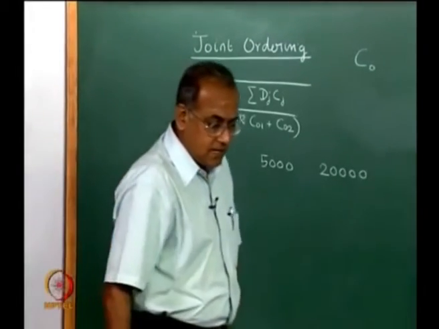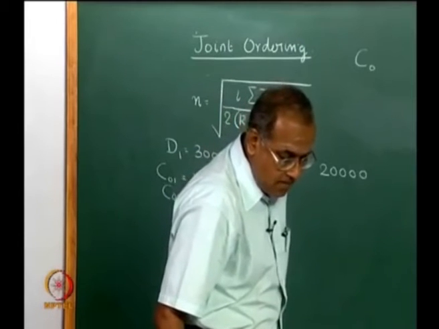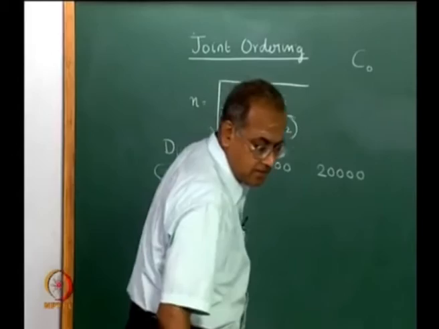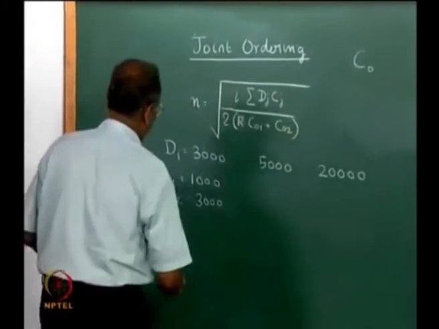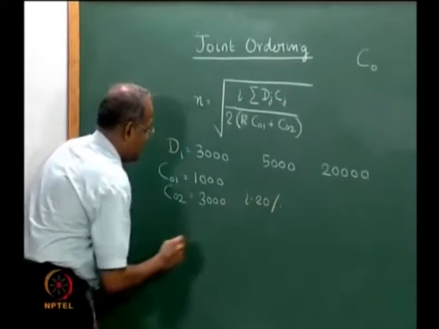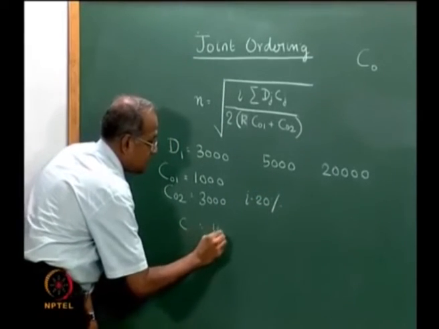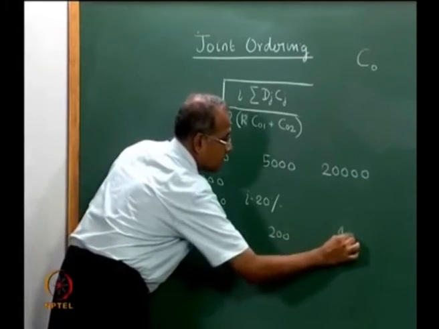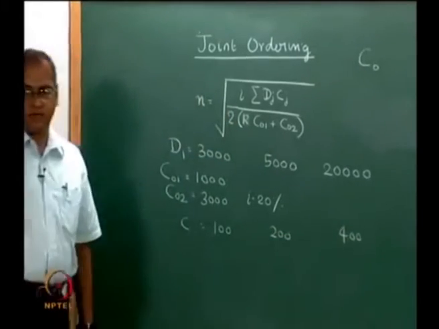And then we take I as 20% and the unit prices C as 100, 200 and 400 respectively.